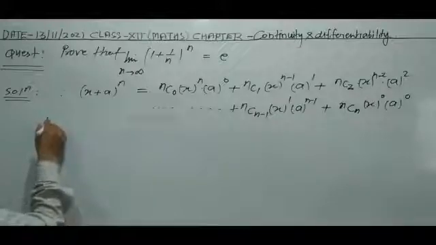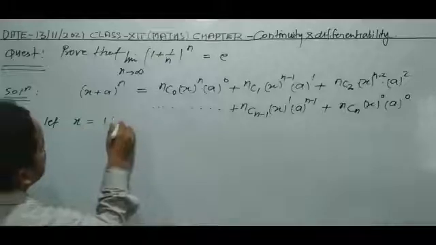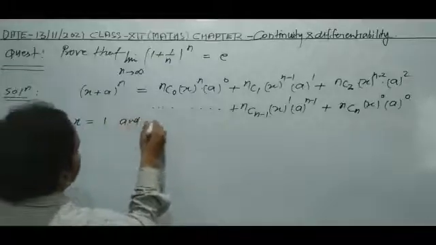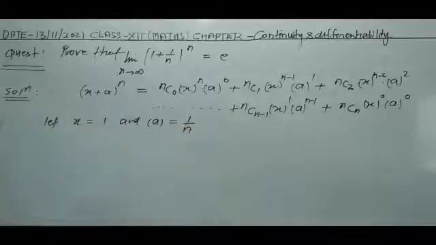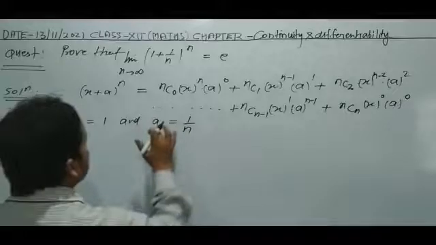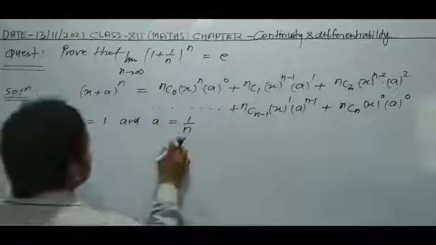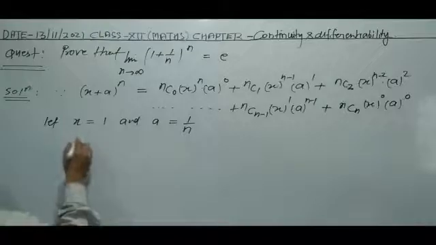Let x is equal to 1 and a is equal to 1 by n. So I will use these values in the given binomial.